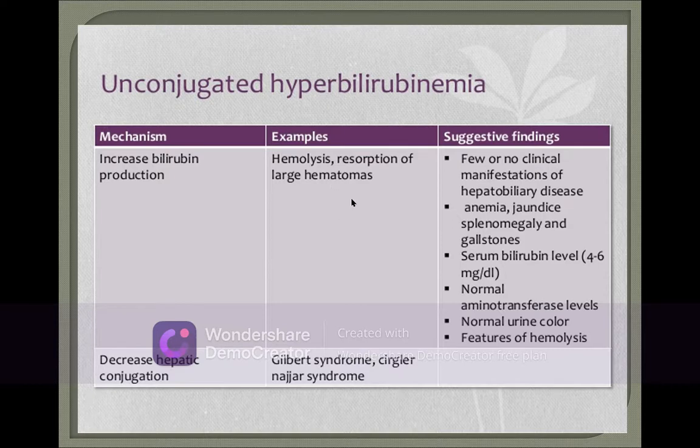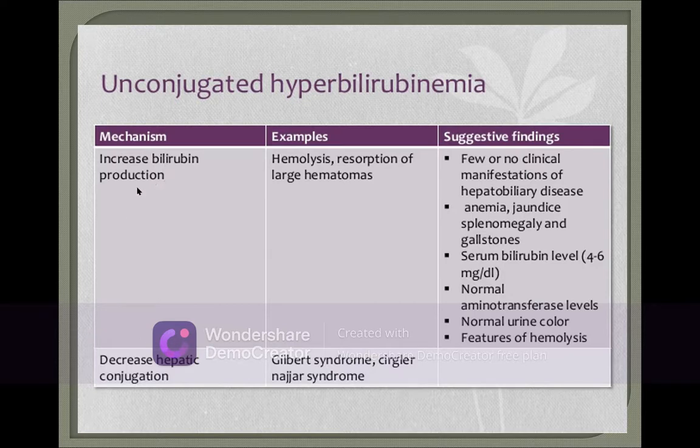The binding proteins inside are not present in higher quantity. Then definitely it will be expelled again into the blood as unconjugated bilirubin. So there are two mechanisms: one is increased bilirubin production, and the other is decreased hepatic conjugation.